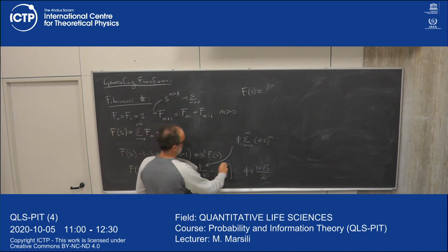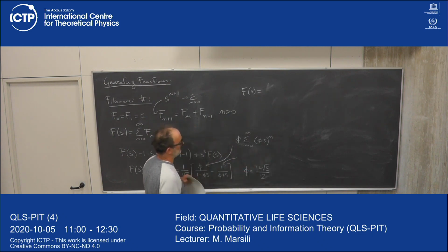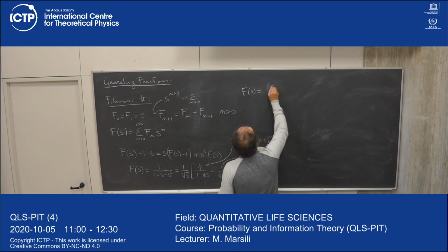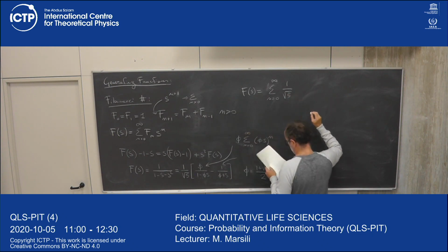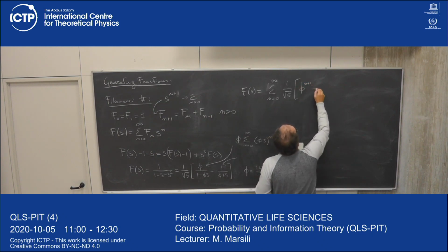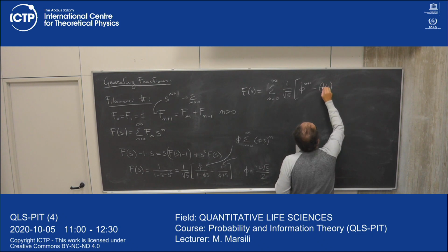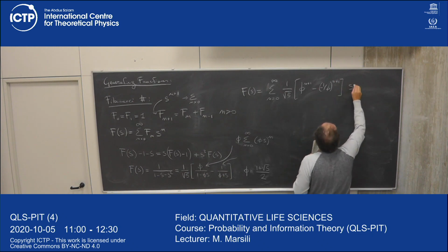Now, if I also consider the power expansion of this and put the term s to the n as a factor, then I can write f of n in this form: 1 over square root of 5 times phi to the n plus 1 minus minus 1 over phi to the n plus 1, times s to the n.